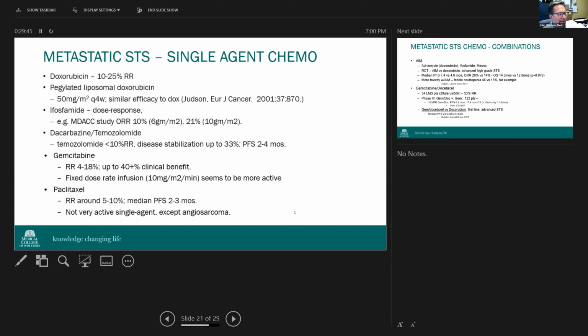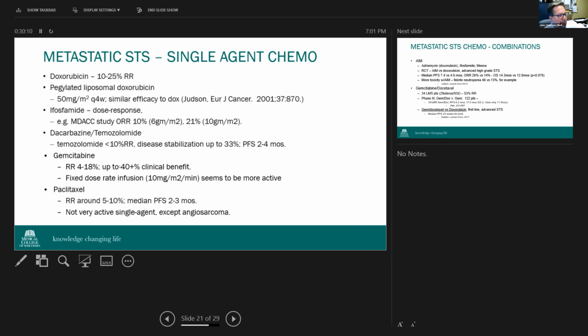So those kind of stick in the head of an oncologist as we're thinking about these cases. This slide is a bunch of the kind of older, standard cytotoxic chemotherapies that get used for sarcomas. I'm not going to read the whole slide, but you can see response rates of 10 to 25%, 10%, less than 10%, 4 to 18%. So there's a large majority of these that aren't dramatically shrinking with chemotherapy.